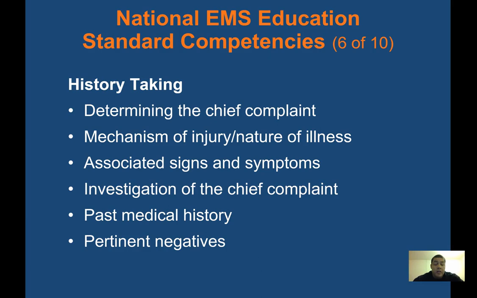If they have a chronic condition, hypertension, history of irregular heartbeat, any heart attacks in the past, any strokes in the past, that could give you kind of a pathway to what you're asking. Pertinent negatives. Some of the questions, so if they're having chest pain, are they having any shortness of breath? Are they having any abdominal pain? If they deny all those, those would be pertinent negatives.